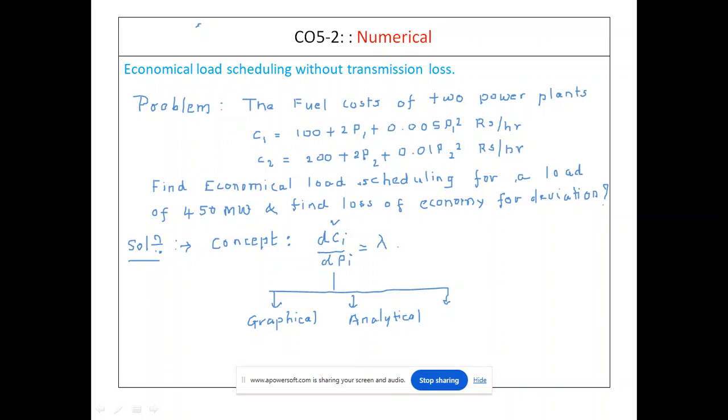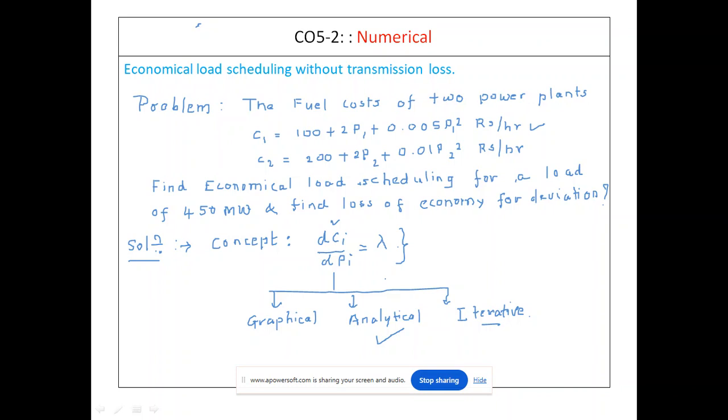In the present case our cost function is quadratic, so we can adopt the analytical method. Another method is iterative, which we can adopt if we are writing a program or using a computer for economical load dispatch. Now I'm adopting the analytical method to solve the coordinate equation. This is the concept you have to understand.